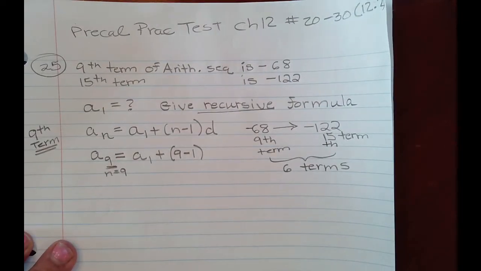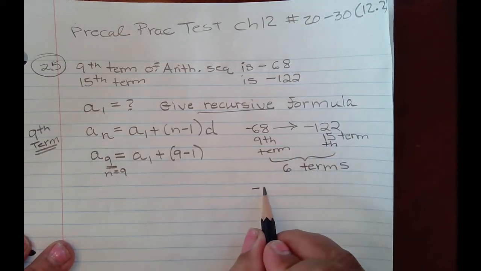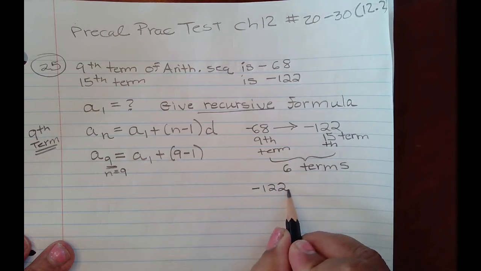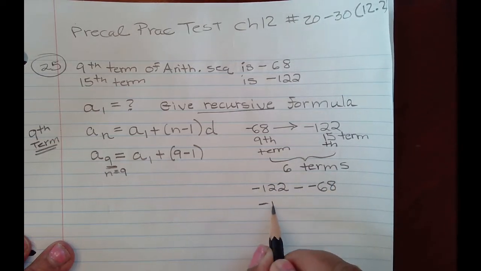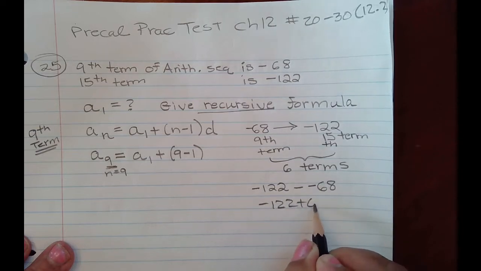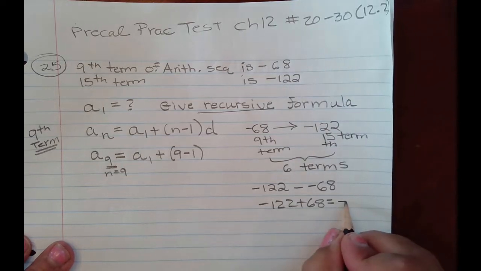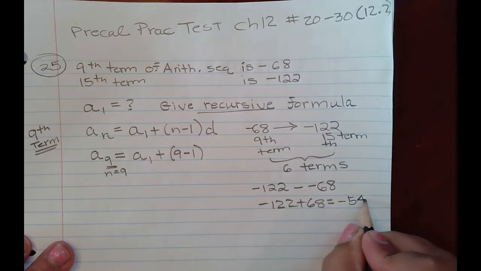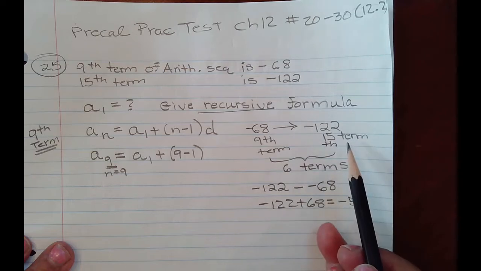Well, the difference between these two numbers right here, negative 122 and negative 68, let's figure out what the difference is between these two numbers. You could go negative 122 minus the previous number, which is negative 122 plus 68, and you end up finding out that the difference between the 9th term and the 15th term is negative 54.